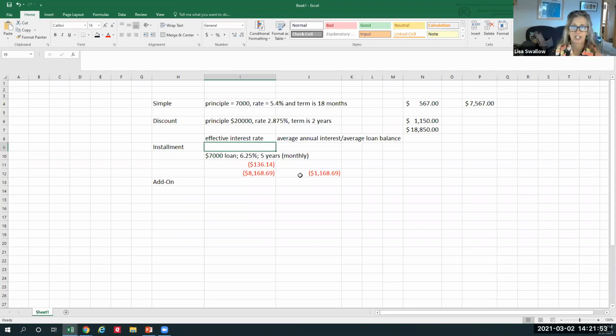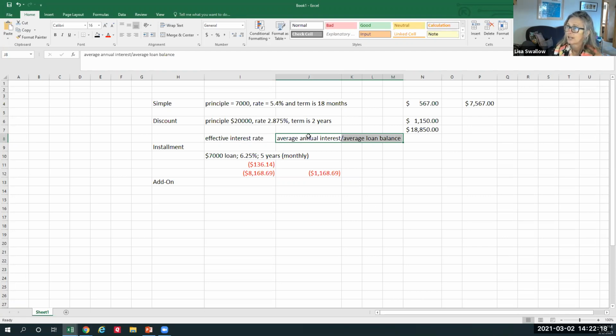It is higher. And the reason is, you're paying 2.875% on a much smaller amount than 20,000 because you only got 18,850 in your pocket. So you have to do this formula to figure out the effective interest rate.